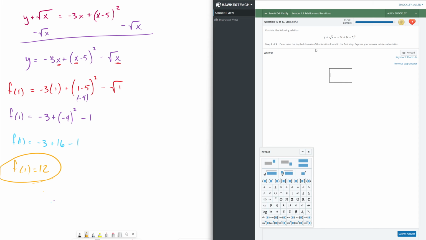Determine the domain of the function found in the first step. So here is where we have to look at this original equation. And again, for domain we're looking for two things. We're looking for x's in the bottom, or we're looking for square roots, even roots.